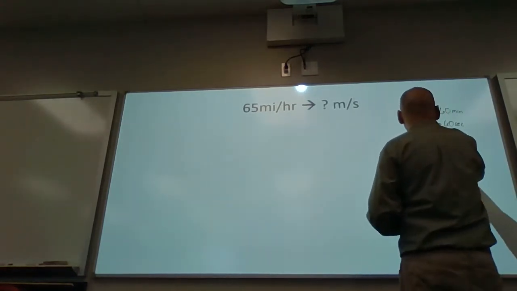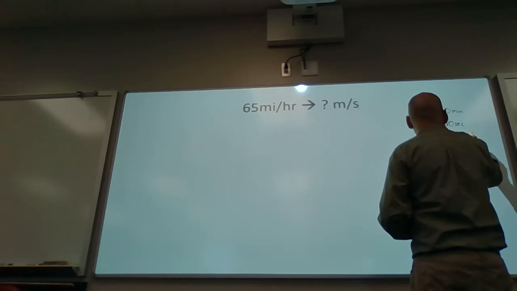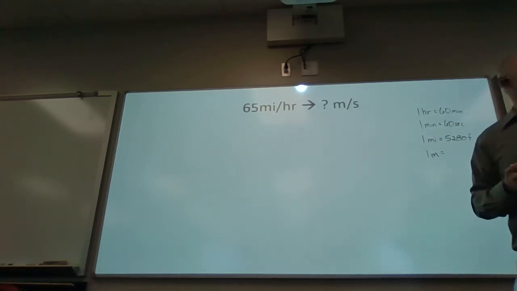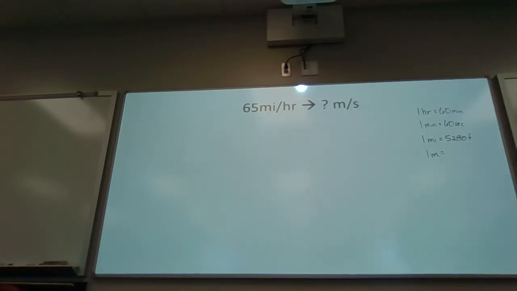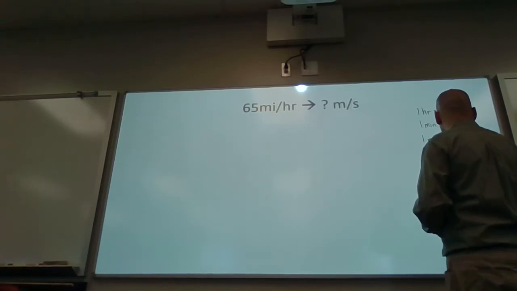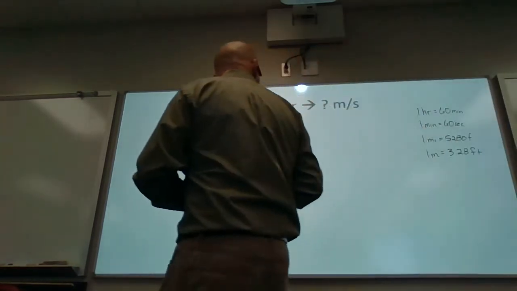All right, so we've got miles to feet, and then 1 meter. Anybody know roughly how many feet that is going to be? Roughly 3. Okay, it's going to be 3.28. I'll give you that one as well. And that's just factoids.